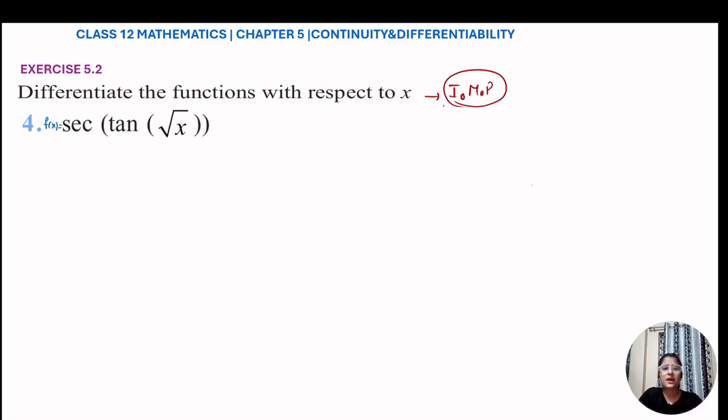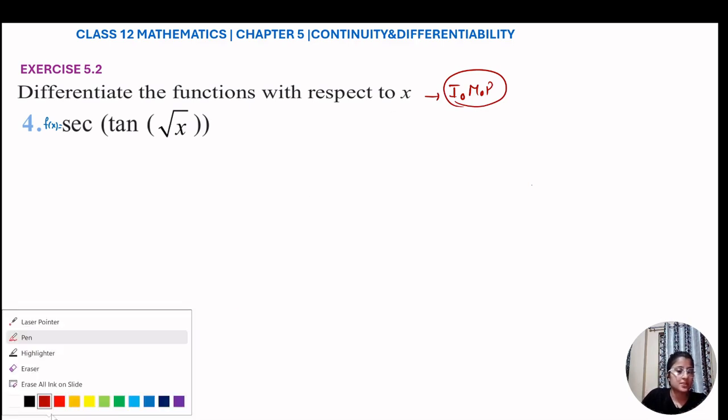You simply have to find the differentiation, but you have to apply the chain rule by composition of functions. This is the boards' favorite question, and it is very important for you guys to understand how we should do that.